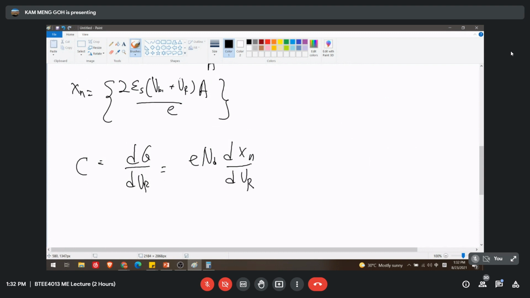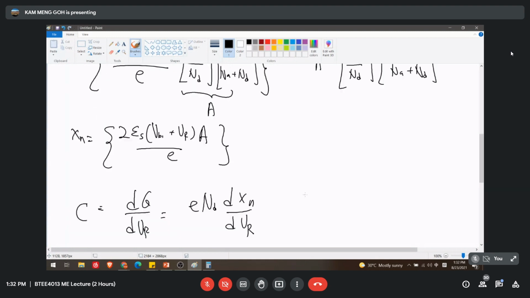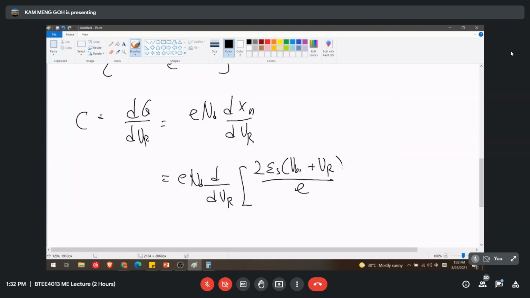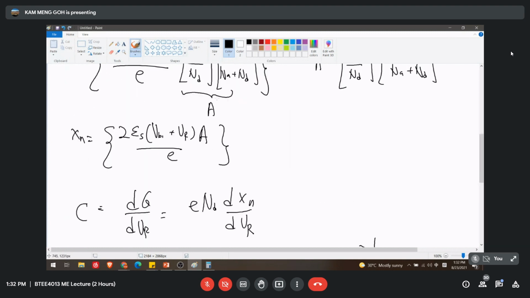With respect to VR, we can do the differentiation here. Then square root it, don't forget. I forgot to put a square root here.